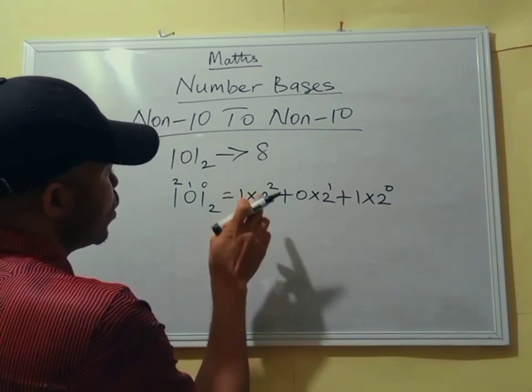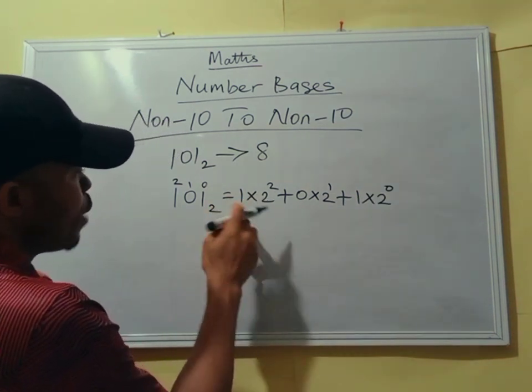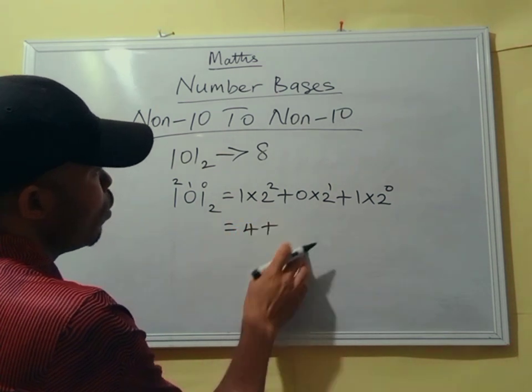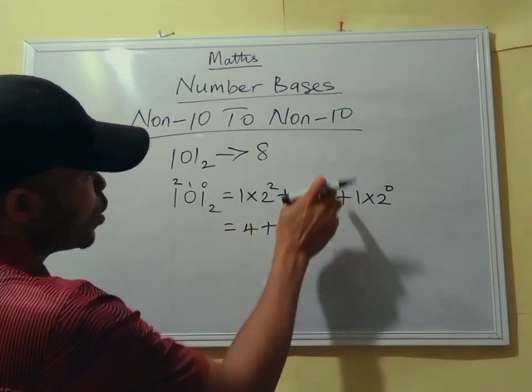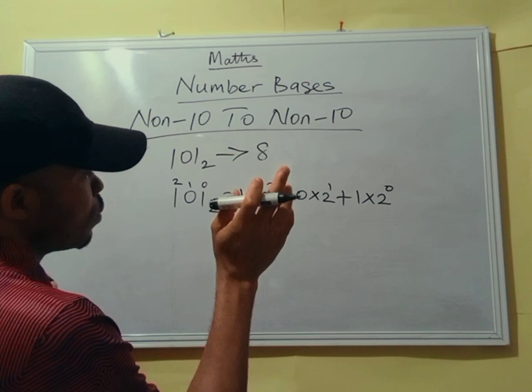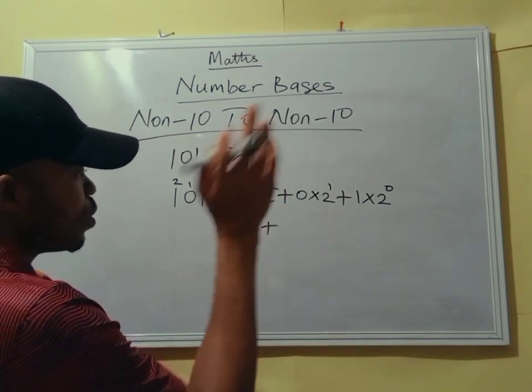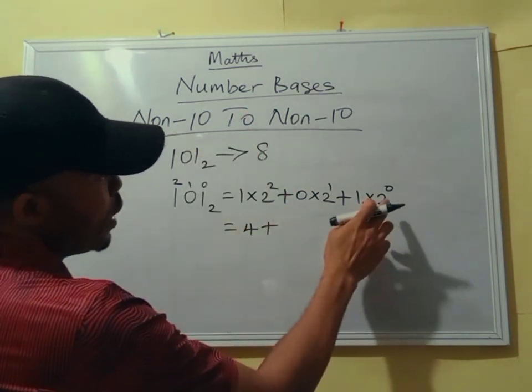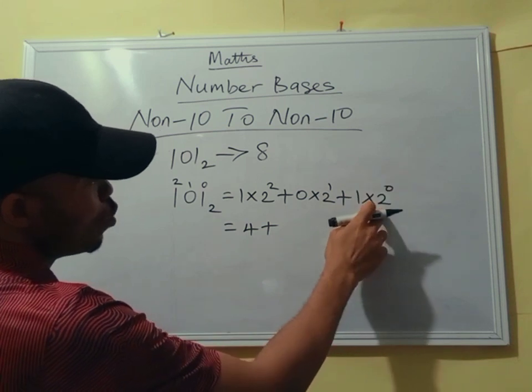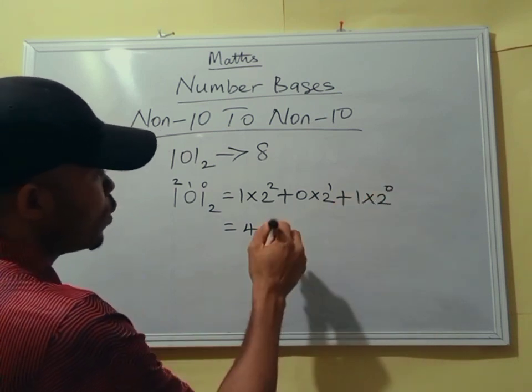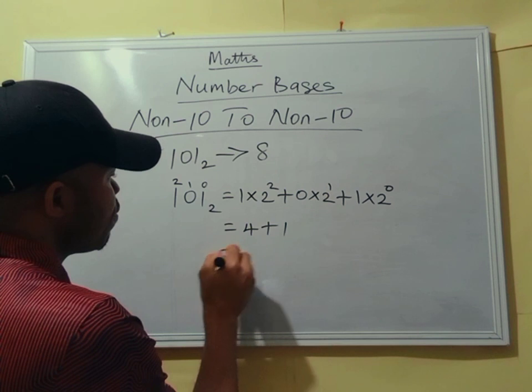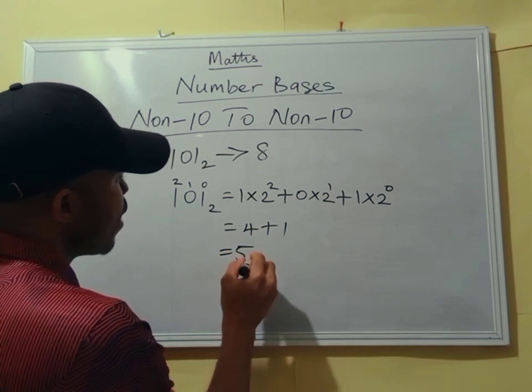So 2 squared is 4, times 1 is still 4, plus 2 to power 1 is 2 times 0. That place is gone. Whenever you have anything multiplied by 0, it's gone. Anything raised to power 0 is 1. So 2 to power 0 is 1. 1 times 1 is still 1. So you have 5 there. So the answer is 5 base 10.